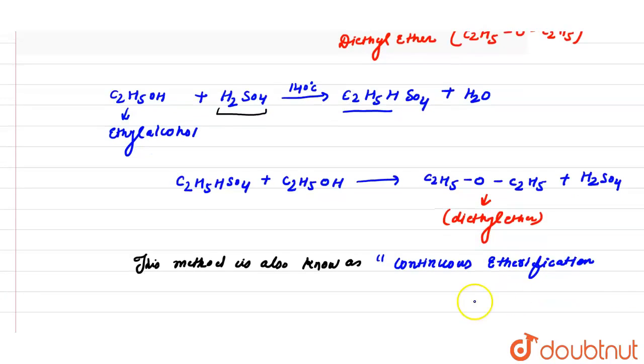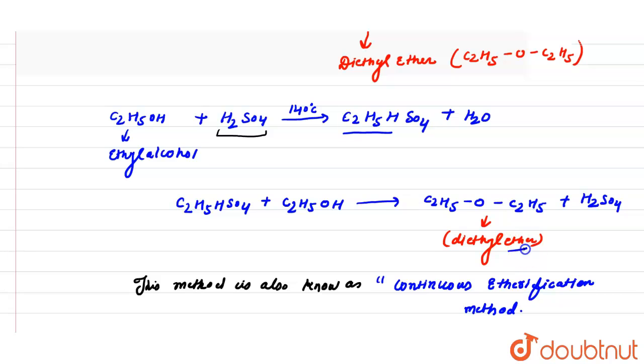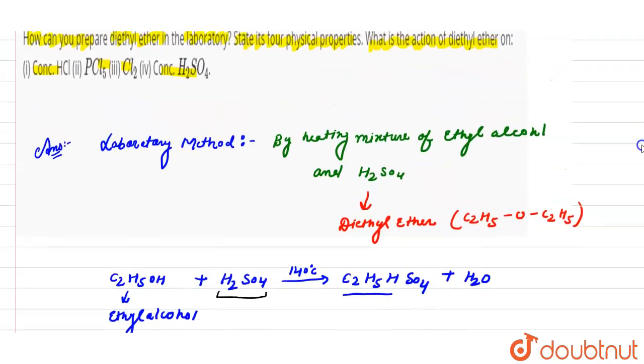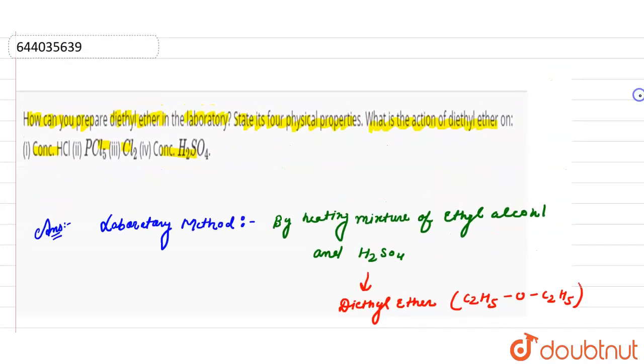Here we see the preparation of diethyl ether in the laboratory. Now the second statement, that is, state its 4 physical properties.